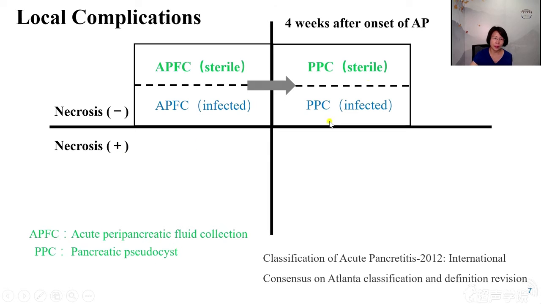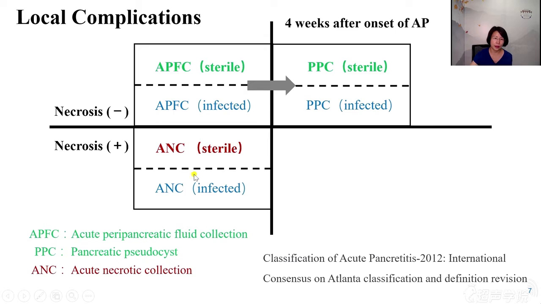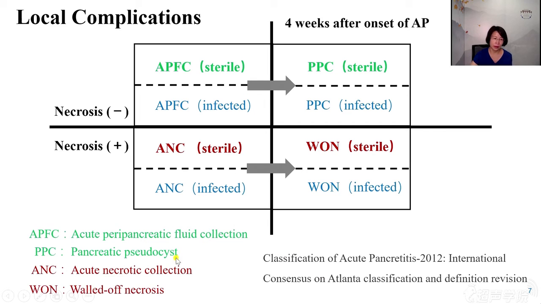With necrosis, within 4 weeks, it's ANC, acute necrotic collection. With necrosis, after 4 weeks, it's WON, walled-off necrosis. The red font means necrosis. The ANC and the WON mean severe AP is established. This table is quite important.